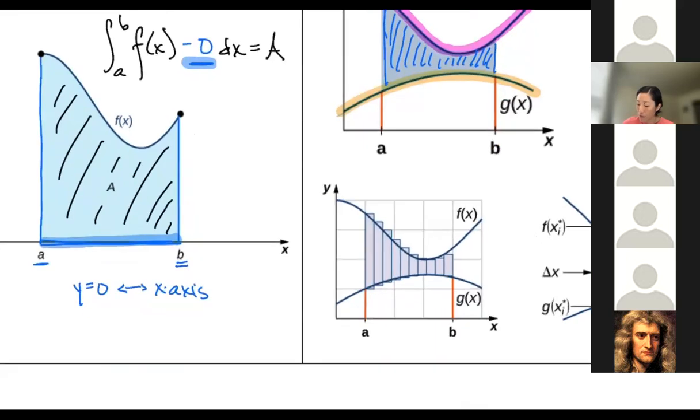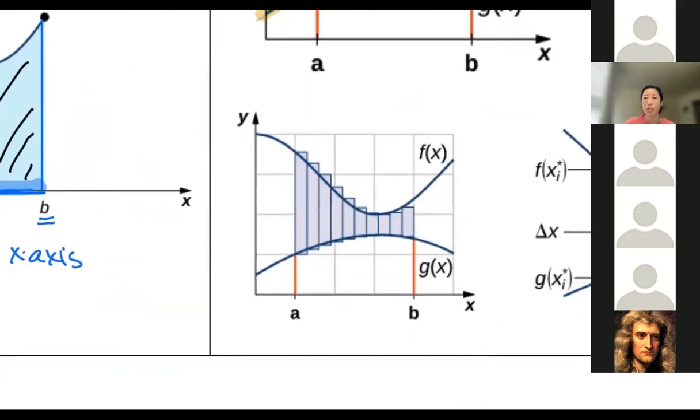Now, for those of you, and I know there were a few of you who are really curious where this dx comes from at the end of all of our integral symbols and why is it so important? I think we talked briefly about this, the dx is really like this delta x.